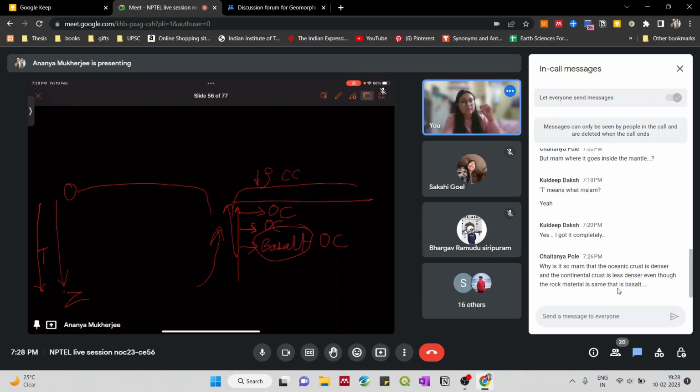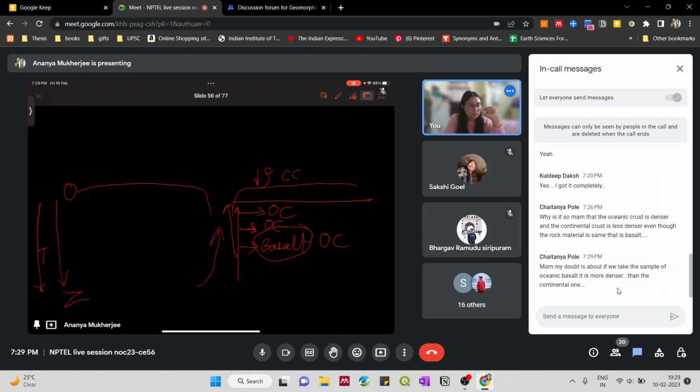So this is due to what we call differentiation. The mechanism that is happening here is differentiation, because denser material is getting crystallized out as the mantle material cools.